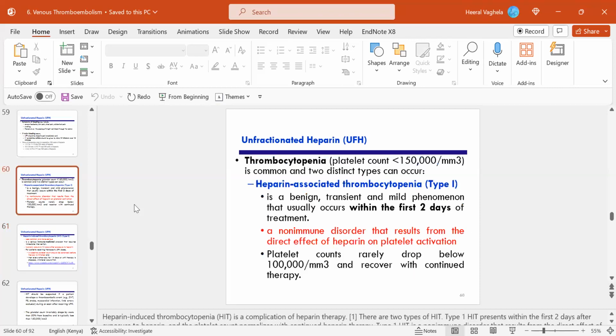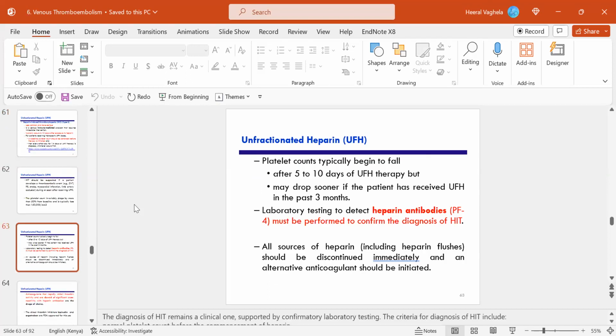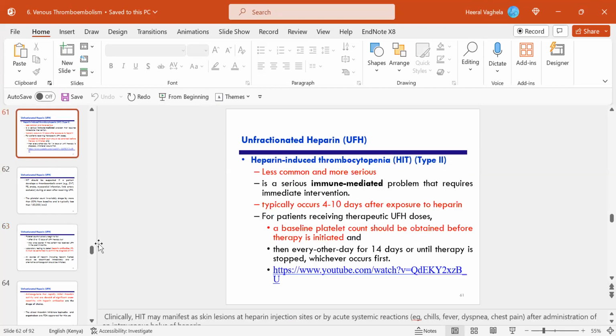So the common one is type 1. Like was said, heparin antibodies must be tested to confirm the diagnosis of heparin-induced thrombocytopenia.